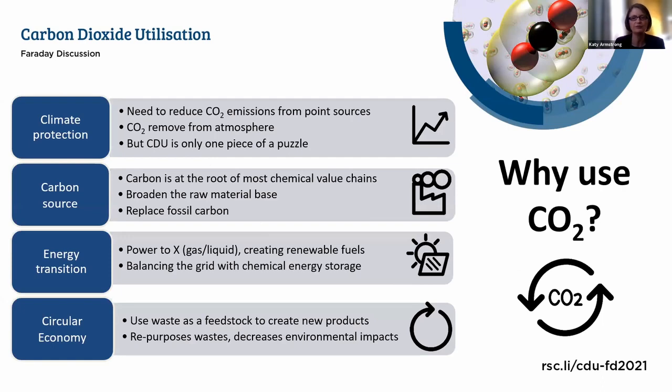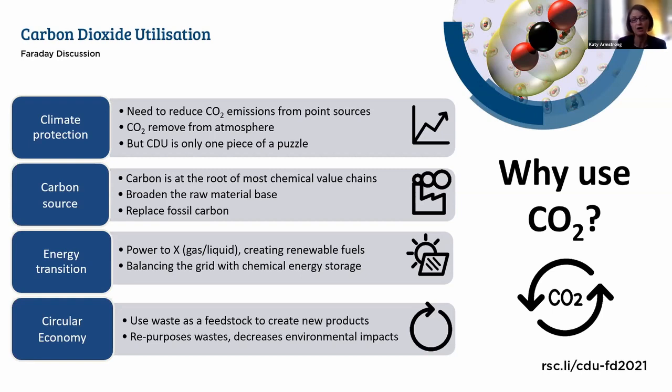So we've discussed the kind of products that could be made, but why would we want to do this? CO2 utilisation is not as simple as just looking to combat climate change, although obviously that's a big part of it. We want to remove CO2 emissions from the atmosphere. But we all need carbon-based products such as chemicals and polymers and building materials.